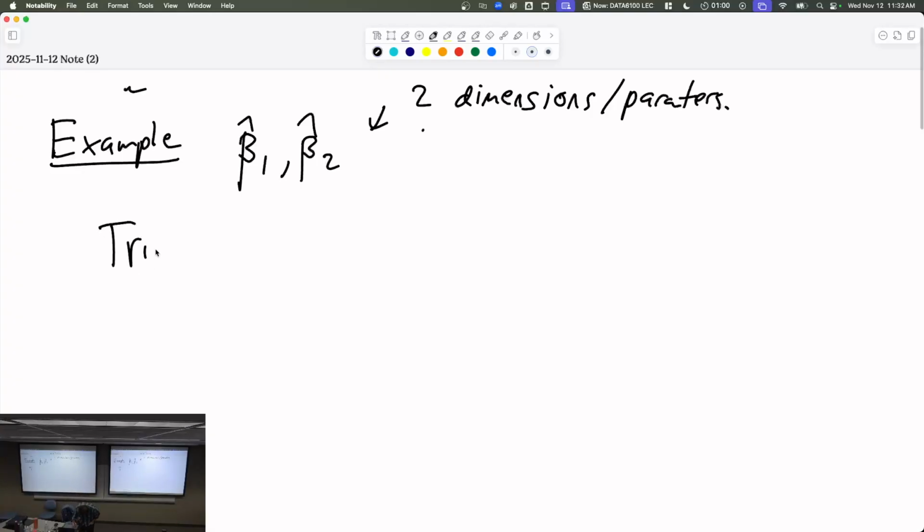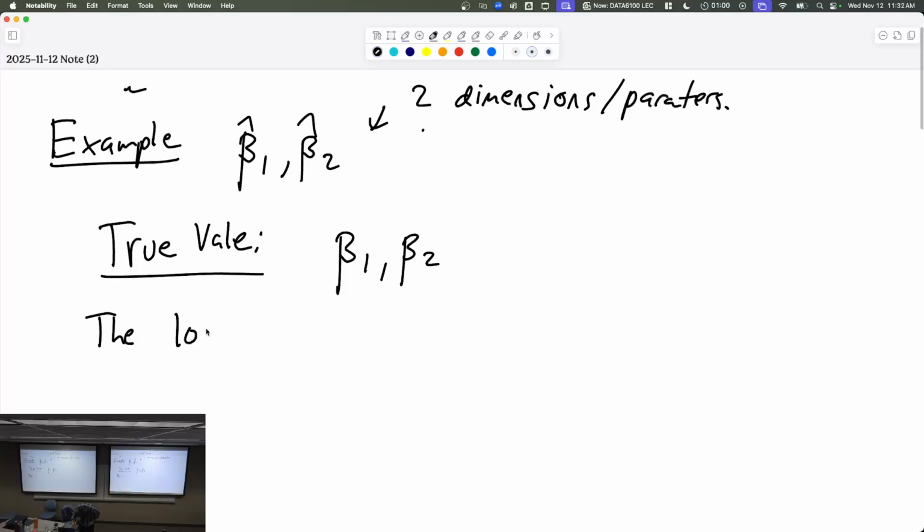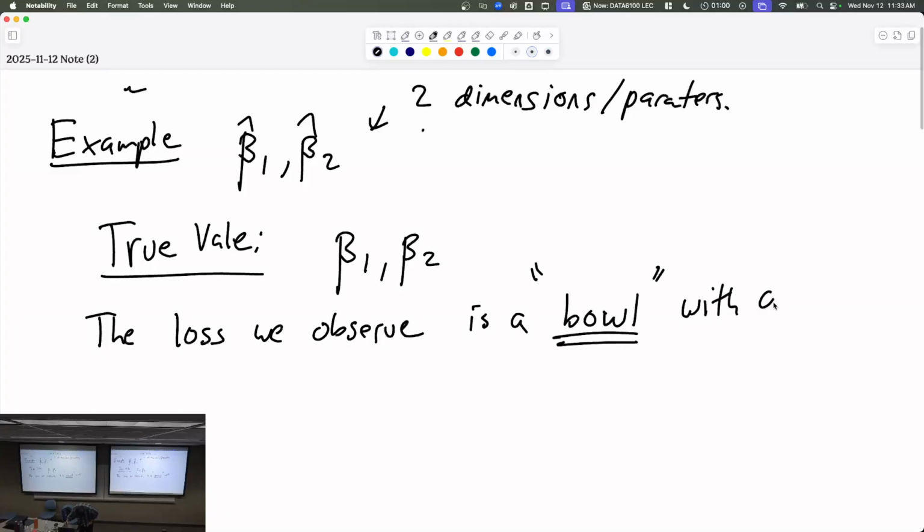There is some true value, let's call that beta 1, beta 2. And the loss we observe is some kind of bowl with a minimum near beta 1, beta 2.